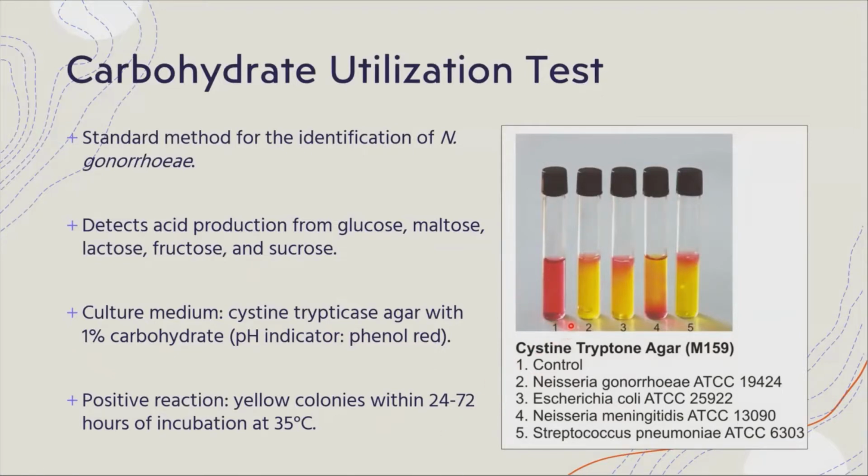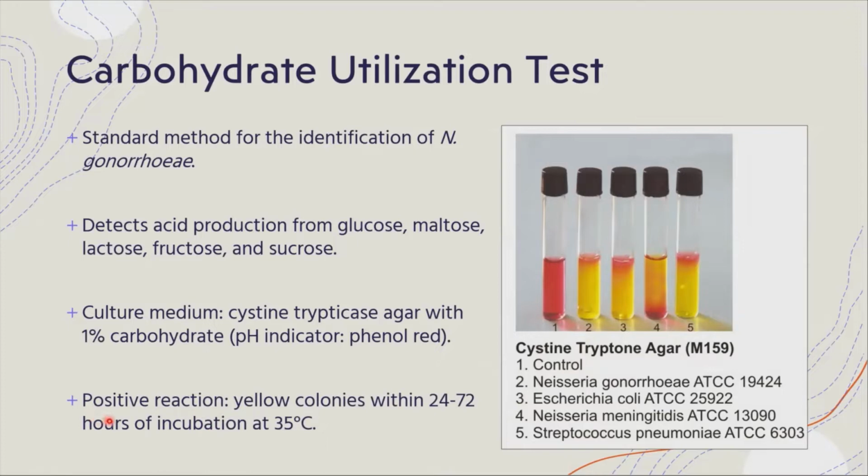Kasi di ba phenol red, ito rin yung ginagamit natin sa mannitol salt agar. The original color is red, and since phenol red is an acid indicator, once acid is produced from the fermentation or utilization of any of these sugars, it will turn the media yellow. So magbabago yung kulay niya.